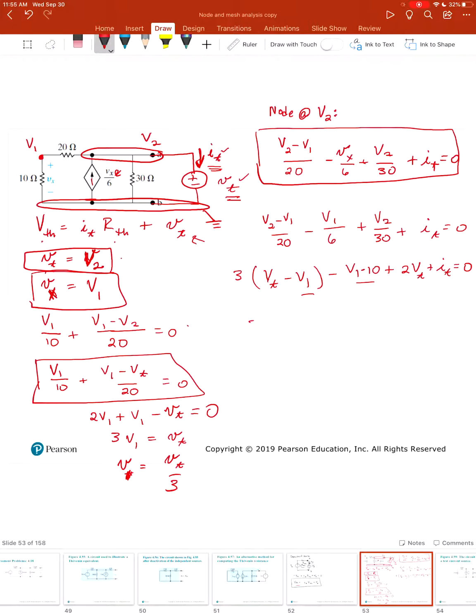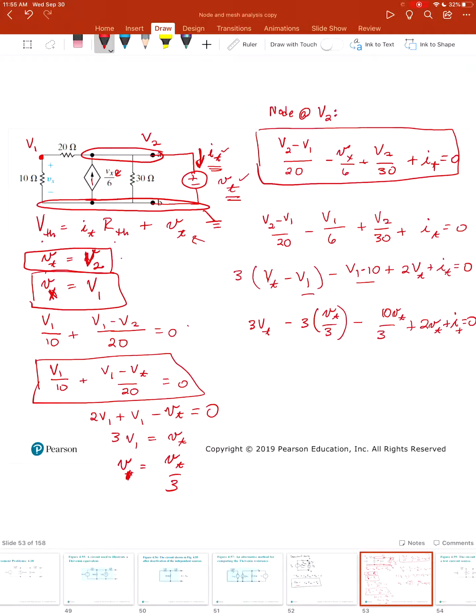So I should be able to substitute that for V1. So I have 3V test minus 3V test over 3 minus 10V test over 3 plus 2V test plus I test equals 0.